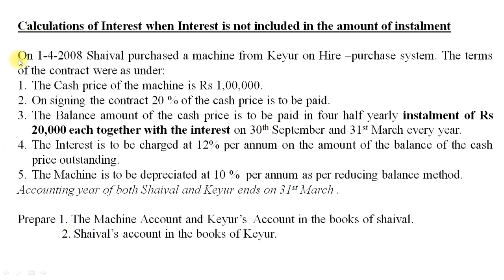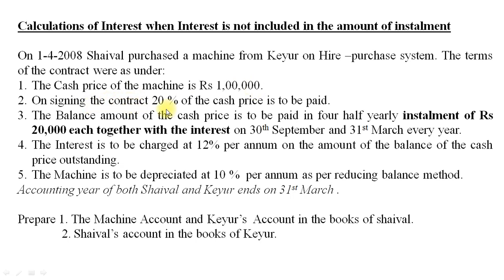Now let us understand the example first. On 1/4/2008, Shaival purchased a machine from Keyur. So Shaival is buying the machine from Keyur. So Keyur is the vendor and Shaival is the hirer. Means Keyur is the seller, Shaival is the buyer. Cash price of the machine is 1 lakh.